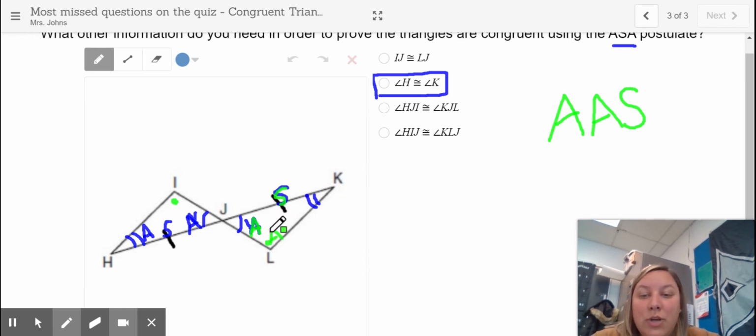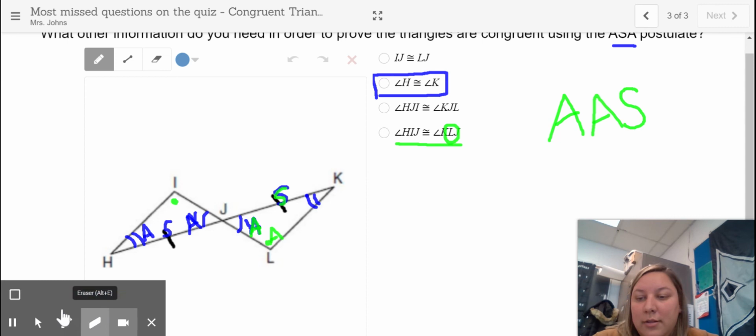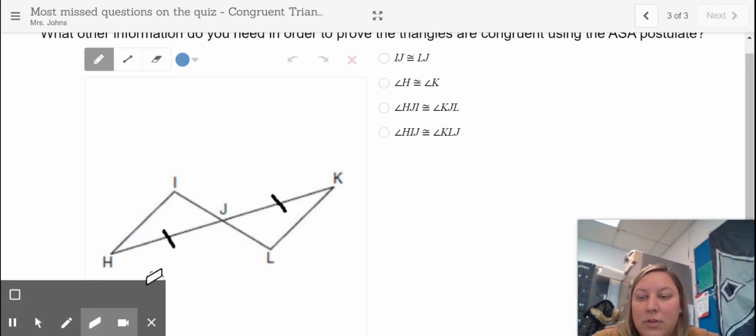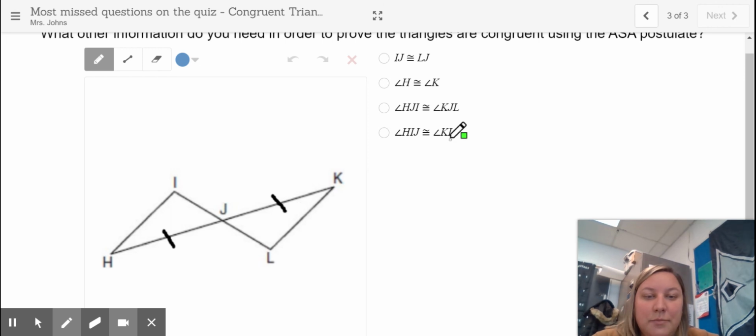I do want to talk about one other thing here. When we're looking at angles and how they're labeled with 3 letters, it's important to know that the angle they're really talking about is the middle letter. Here, let me clear this out. So when you see these 3 letters, we really are talking about the middle letter, where that's located.